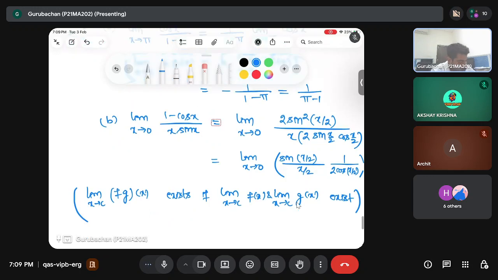So to make this whole limit exist, we must be aware that both the limits exist. So what about this 1 by 2 cos x by 2? Is it existing?